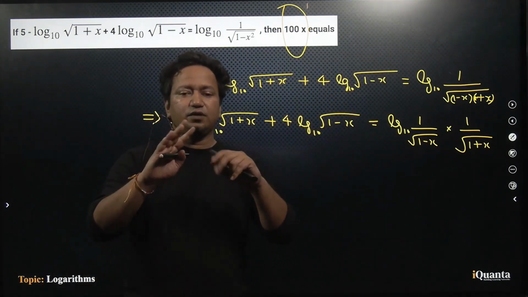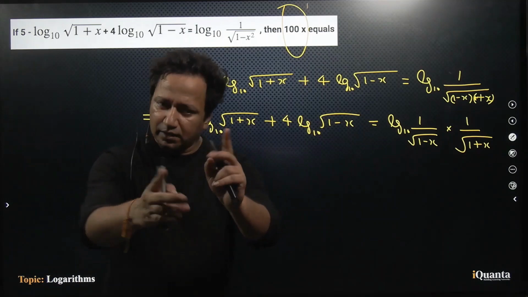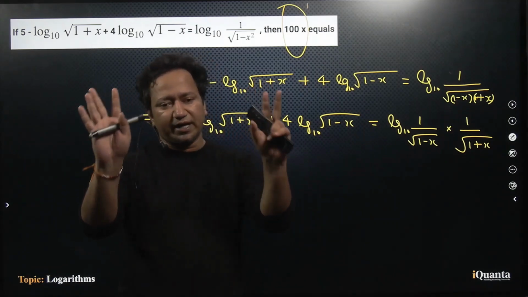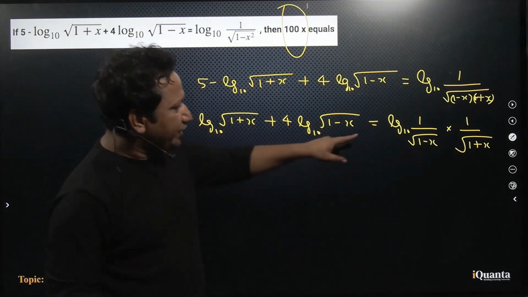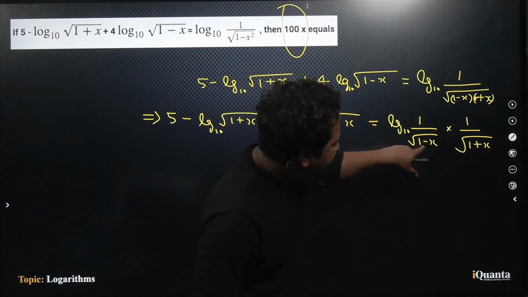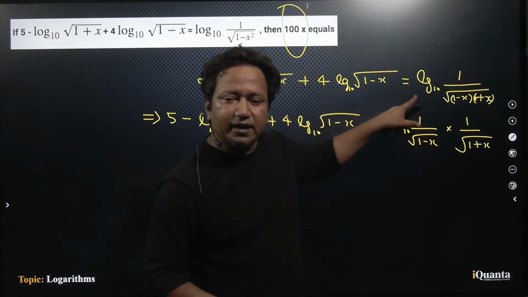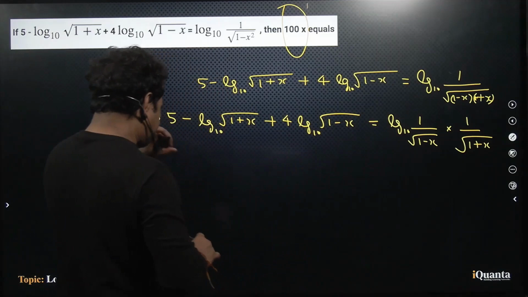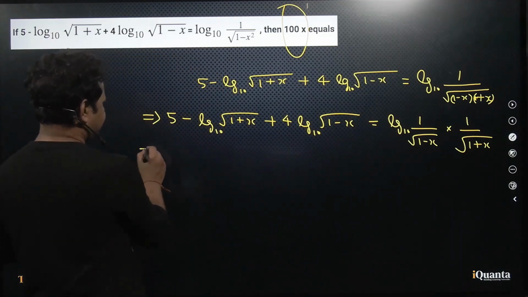And as we know, log of 1 upon something is negative. So if I say log 1 by n, it's basically minus log n. So we can just take this denominator in the numerator and put a minus sign outside. Let's do that.